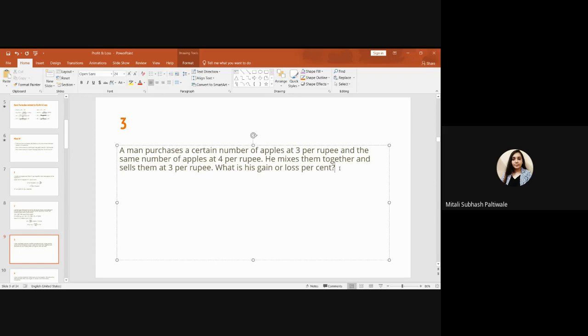What is his gain or loss percentage? That means he bought some apples, 3 apples for rupee 1 and 4 apples for rupee 1. Later he mixed all of them together and sold them 3 apples for rupee 1. So what would be his gain or loss percentage?